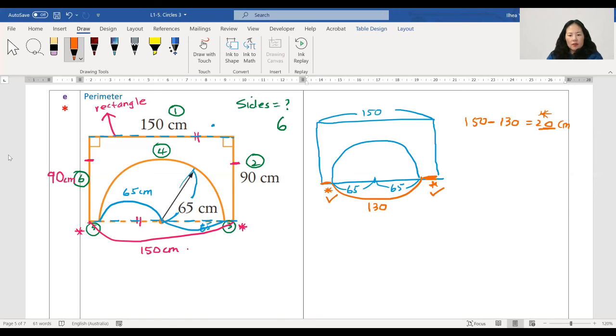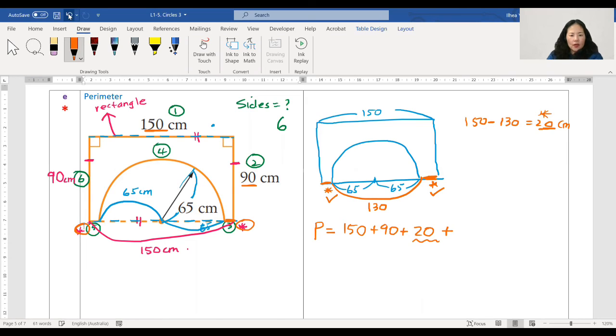So let's have a look at the perimeter now. So I'm going to start at number 1. So 150 was our number 1, plus 90, plus, I'm going to call the third one, this one, and the fifth one together as 20. Okay, so that's the third one and fifth one together.